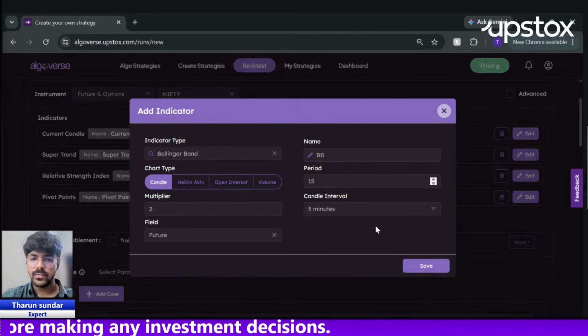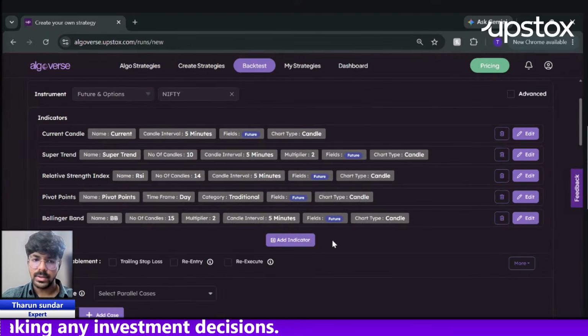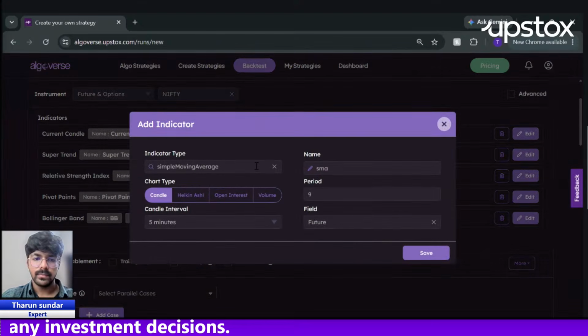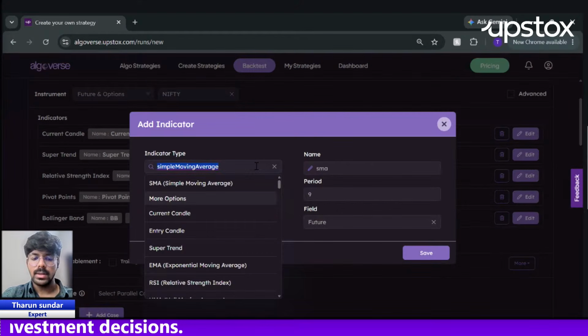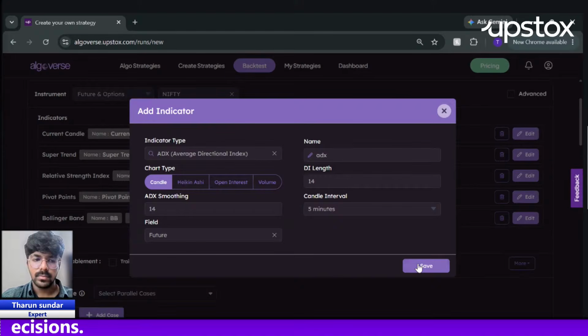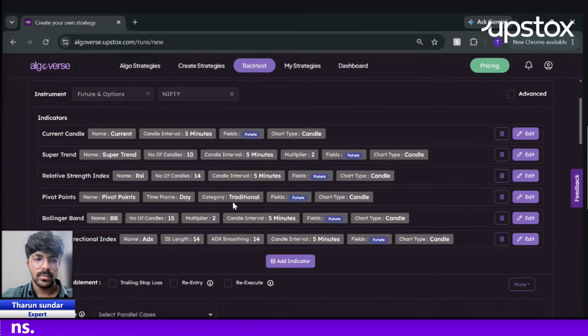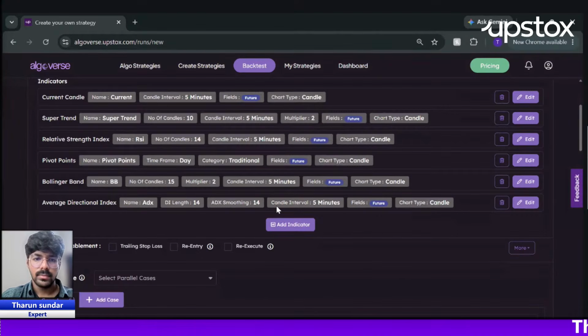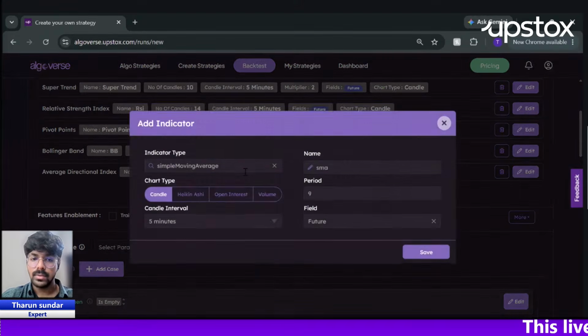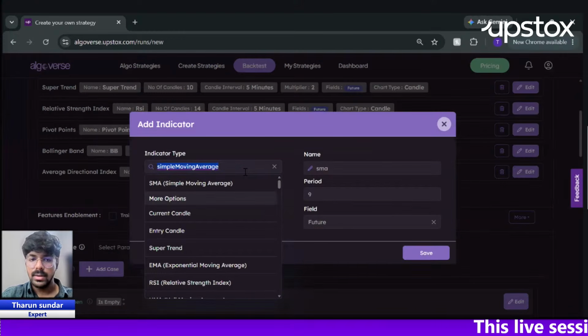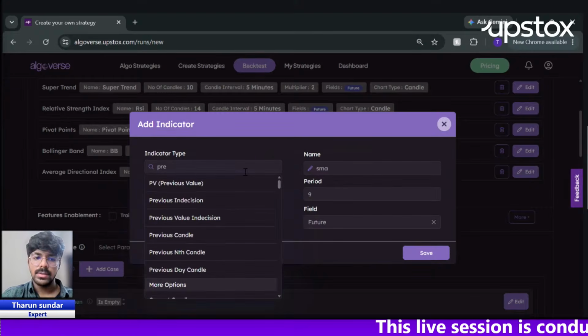So let's say instead of 20, I can go with a 15 period Bollinger Band. And I can add an indicator called ADX. And I can also compare it with the previous candles, let's say the previous five or six candles' highest high.